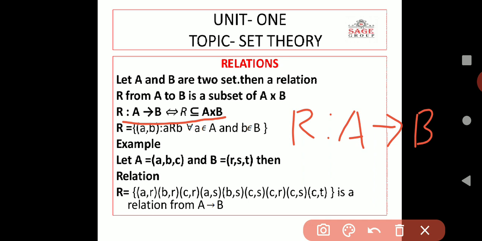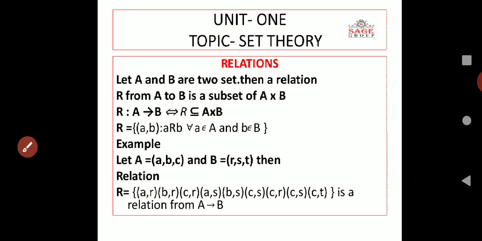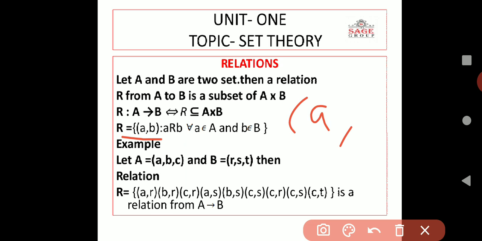So R: A to B if and only if R is a subset of A cross B. And the meaning of A cross B is the set of all pairs (a, b), where small a is an element of capital A, that means a belongs to A, and small b belongs to B.